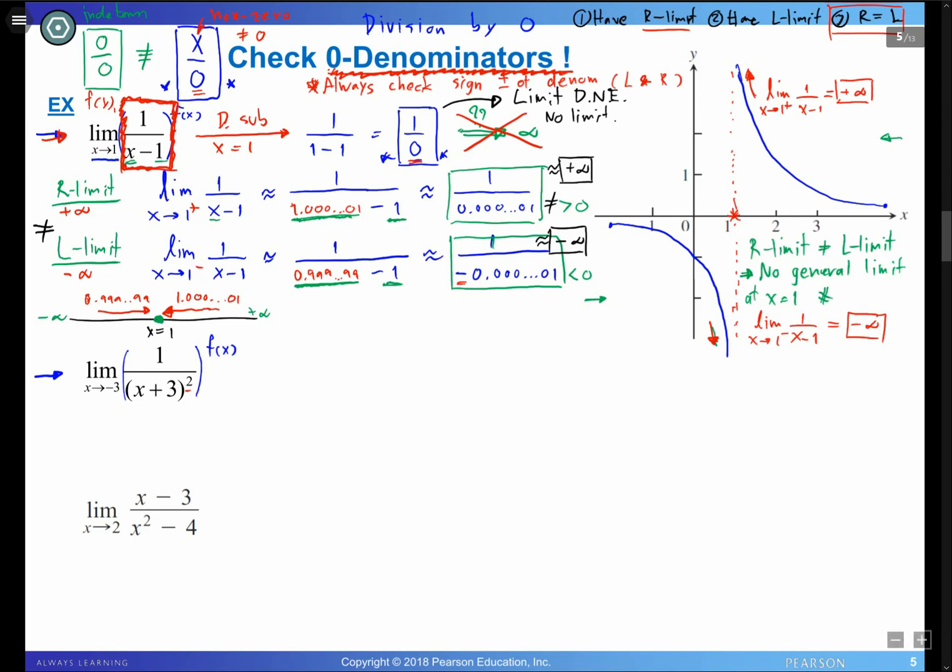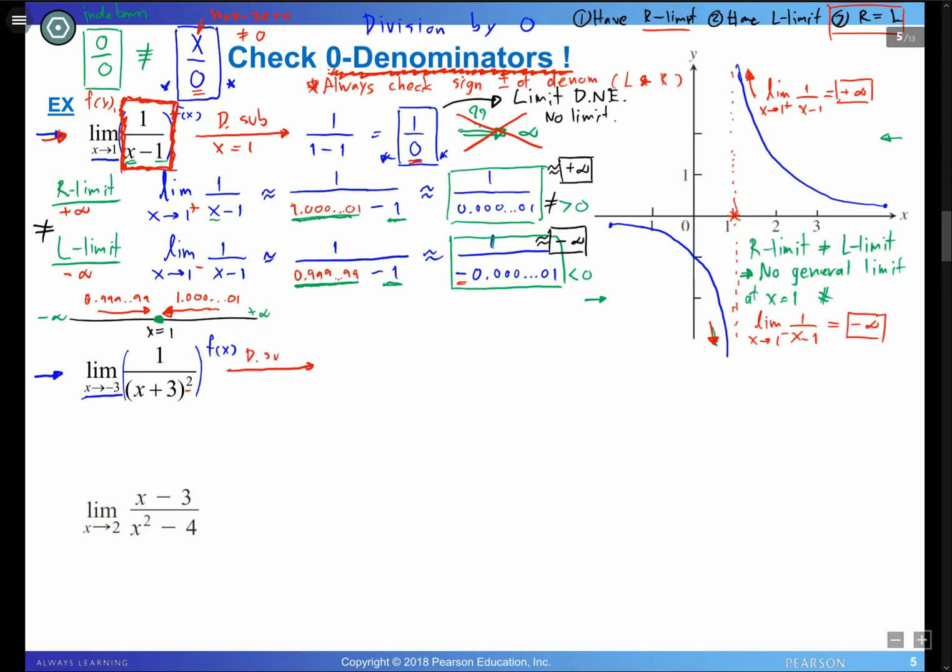Now let's try to find the limit of this function, as x approaches minus 3, to get really close, but not there. As always, we start with the easiest and simplest approach, and that is direct substitution. So let's try direct sub.